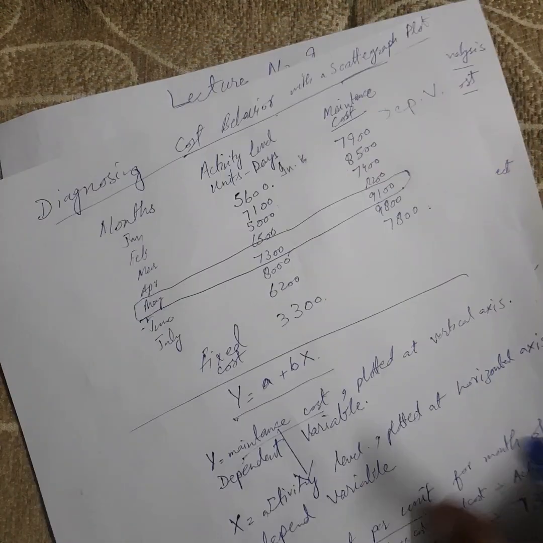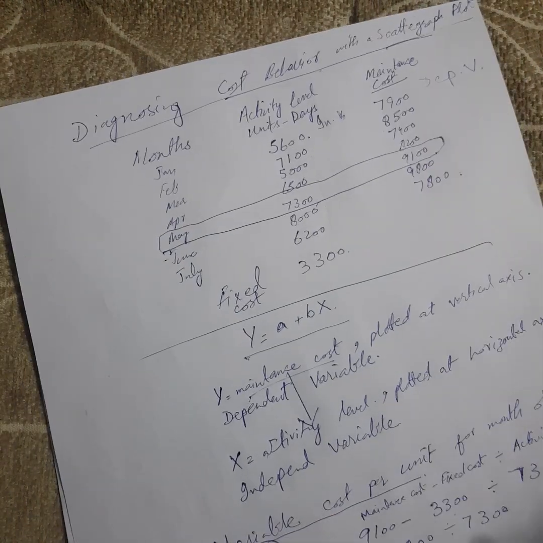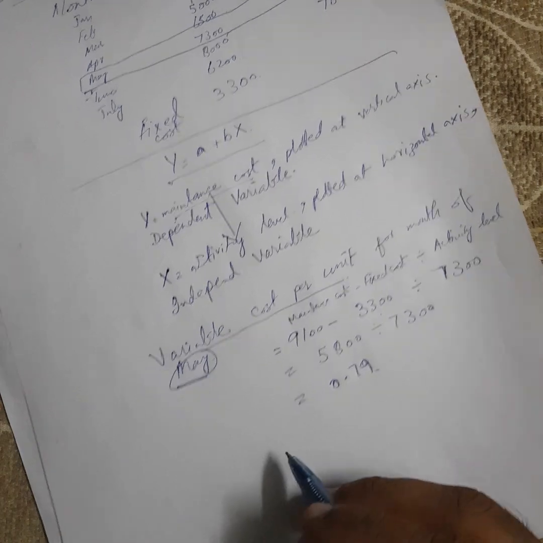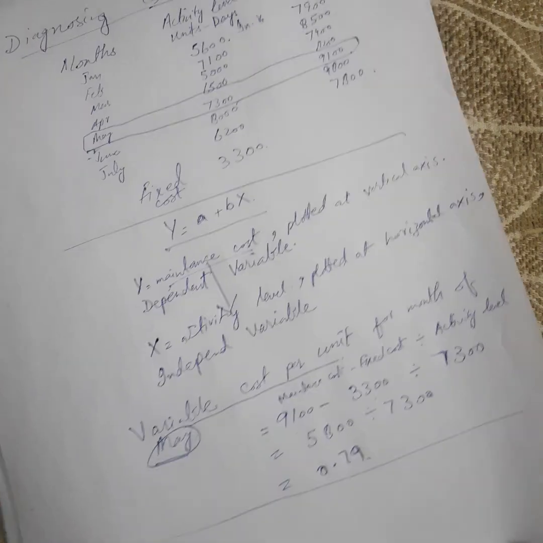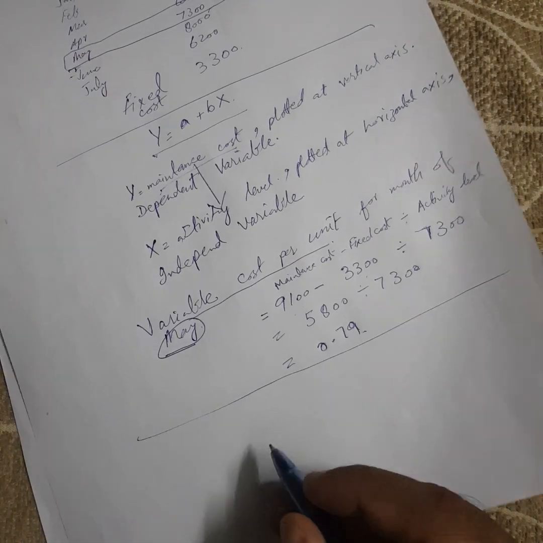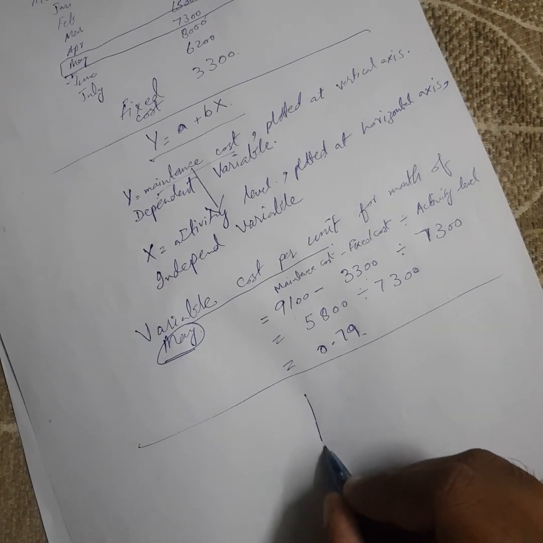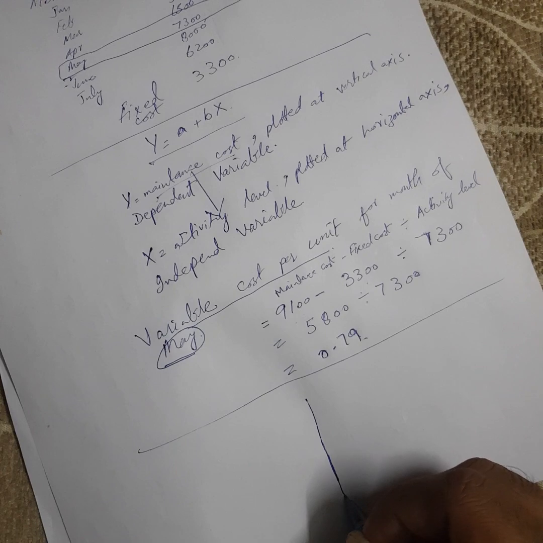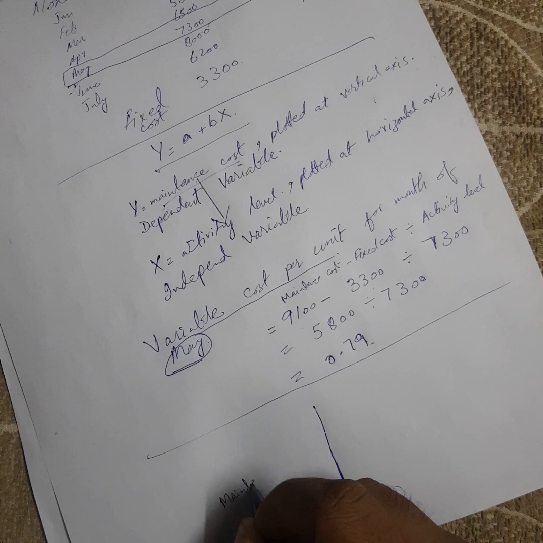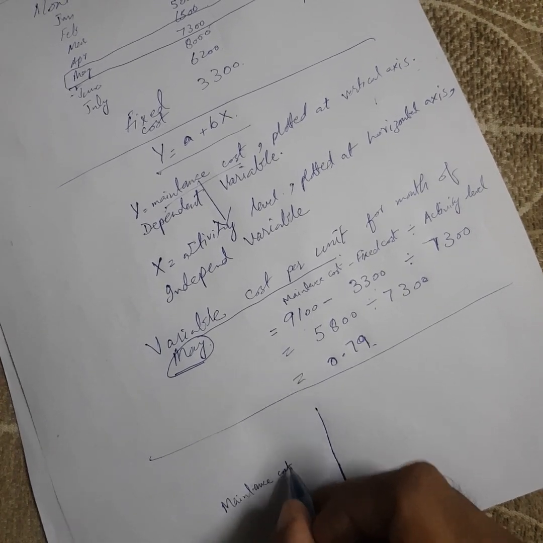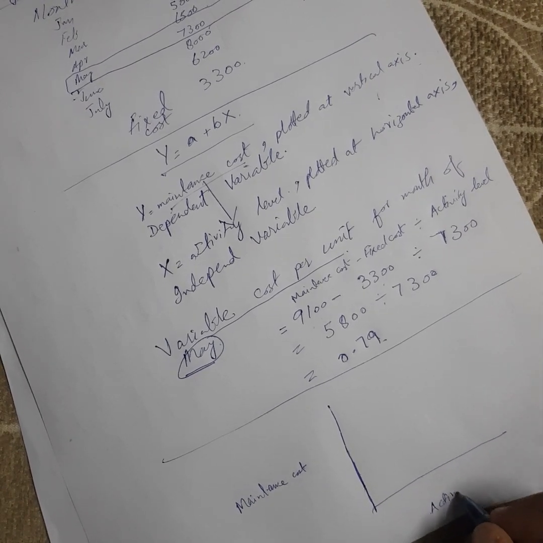As we are discussing the scatter graph plot, we will draw a graph. As we wrote above, on the vertical axis our maintenance cost will be there, and on the horizontal axis our activity level will be there.